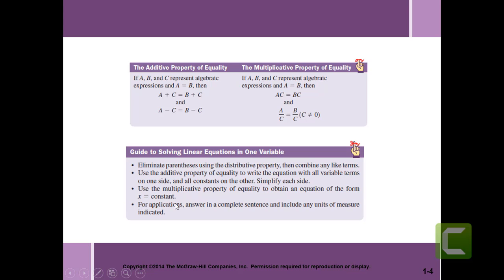Whenever you answer a word problem, it's got to have a complete sentence and the units. I tell my kids all the time at home when they're doing word problems, they have to do the same thing. So guess what? This also applies to college. This doesn't go away. You've probably been seeing this for a long time.